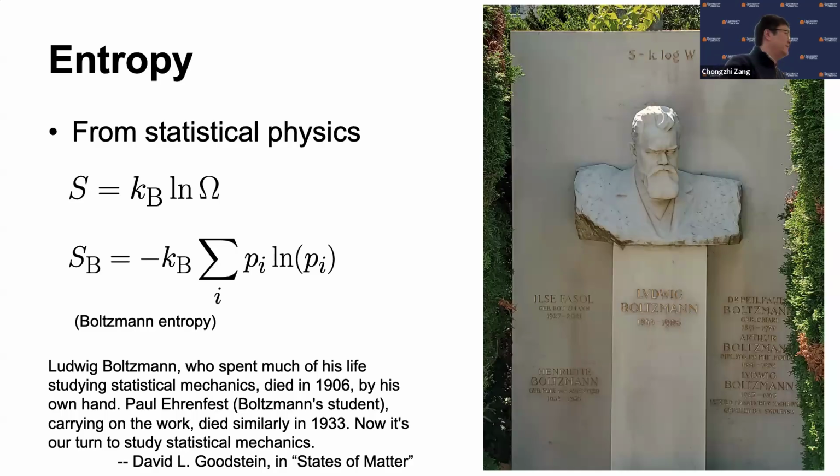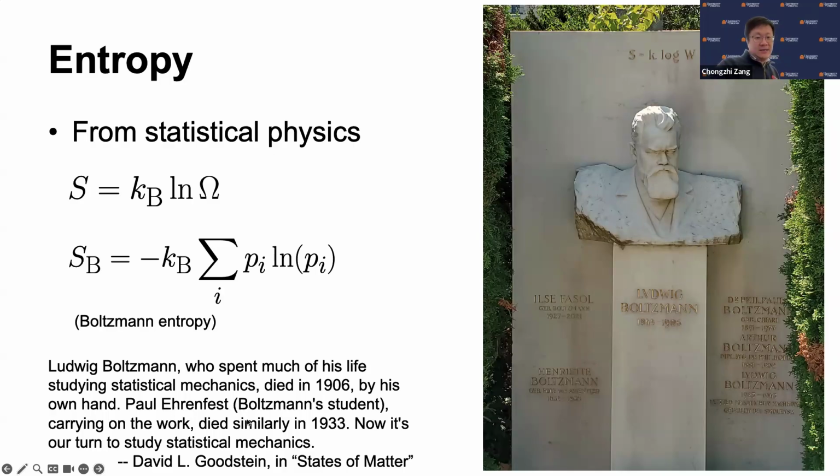So entropy is actually a very confusing and, at the very beginning, kind of scary concept, even for physicists or mathematicians. In the preface of a statistical physics textbook, there's one interesting saying: Ludwig Boltzmann, who spent much of his life studying statistical mechanics, died in 1906 by his own hand.